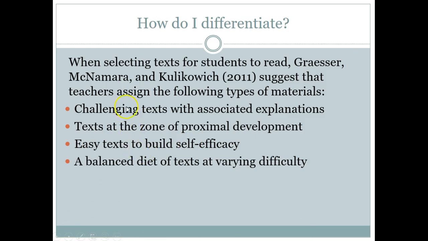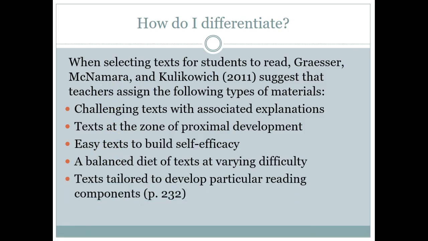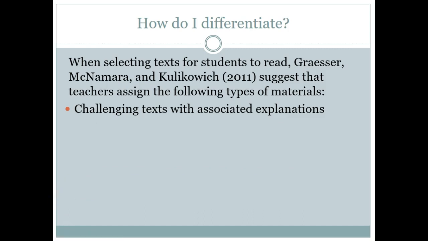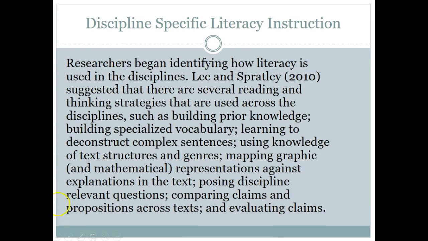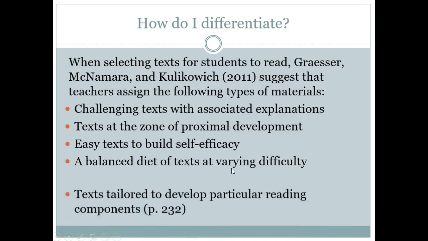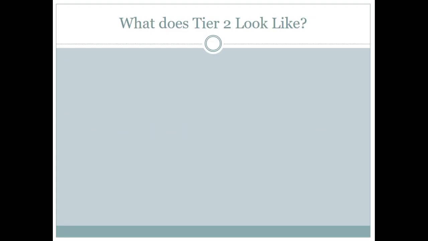You want to make sure you have a balanced diet of all of these things, not just dense, dry reading. And you want to have text tailored to develop that particular reading component. So, going back to some of these skills that are helpful in all disciplines, if you're looking at text structures and genres or mapping graphic representations, you need to make sure that's represented in the text you're using, obviously.